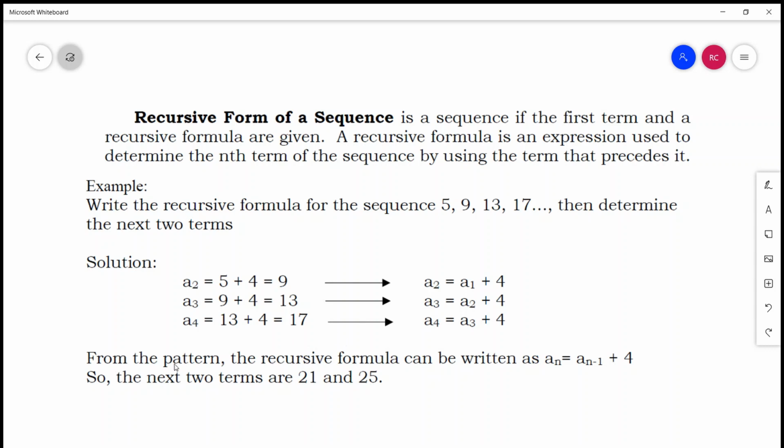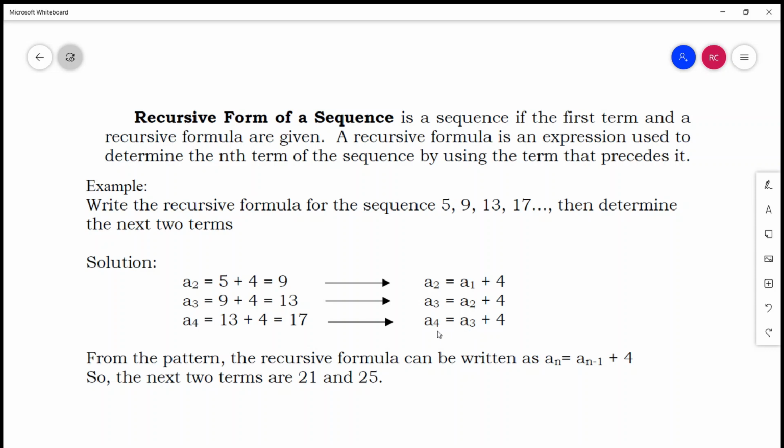Okay, so from the pattern, the recursive formula can be written as a sub n is equal to a sub n minus 1 plus 4. So, why n minus 1? Because as we progress with our n, it is preceded by its term, and the relationship between that term is to subtract 1 to get its preceded term.